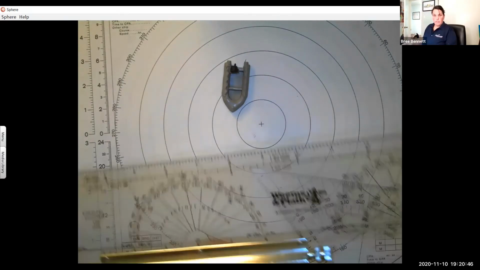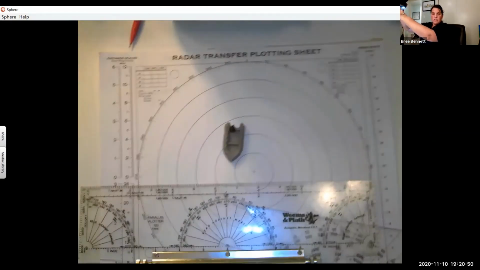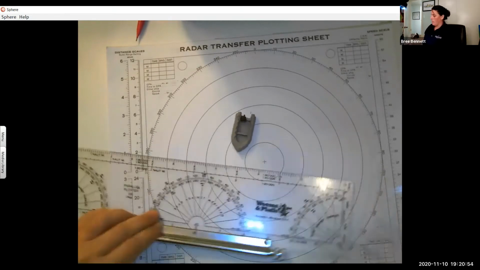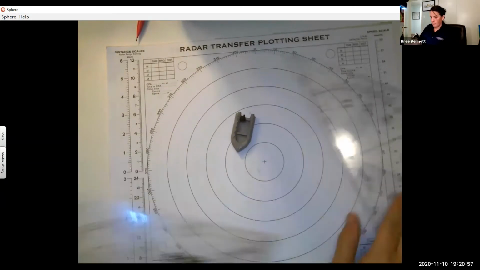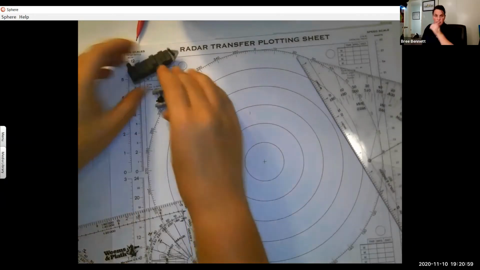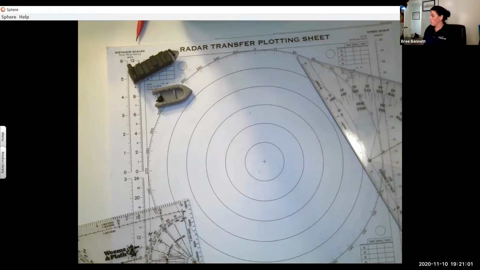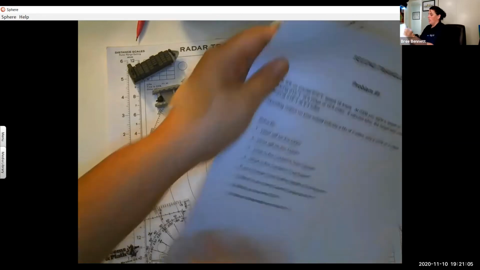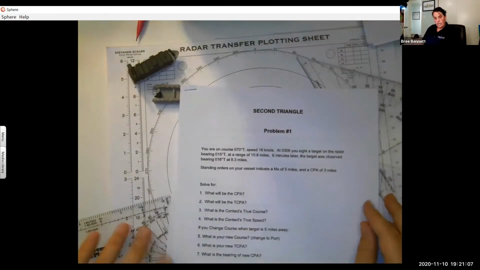Most of you are using the roll plotter. I also like to use the triangle. We have our 2 little ships. So we are going to start working on the second triangle.